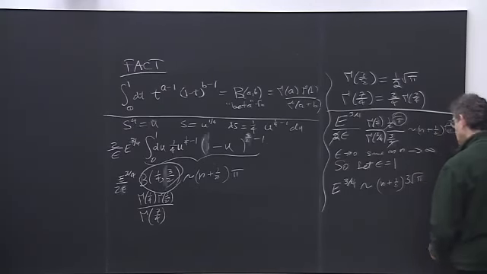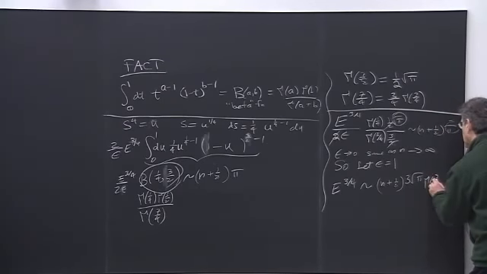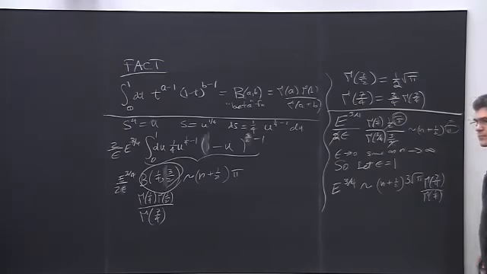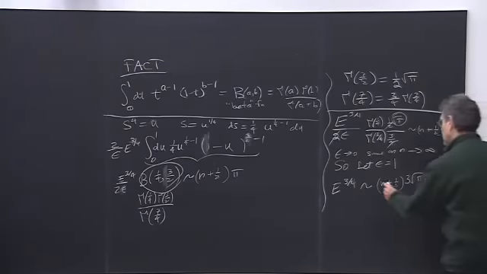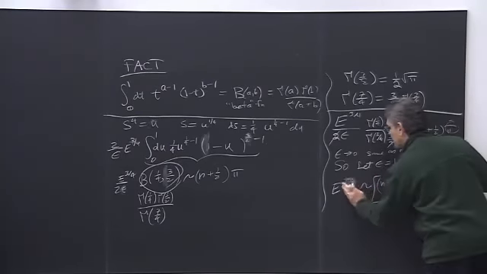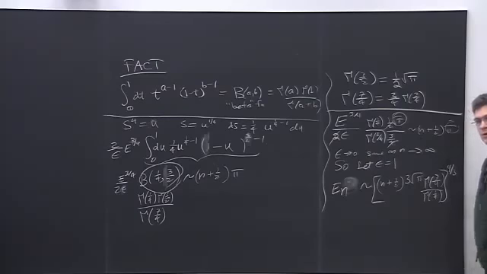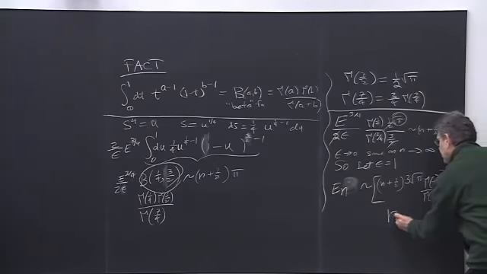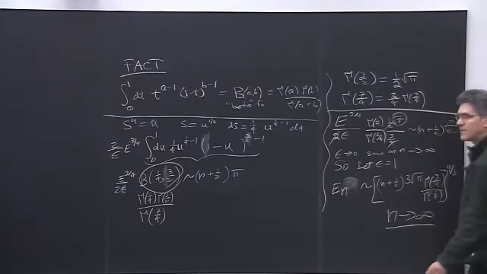It. And then the gammas give you gamma of 3/4 over gamma of 1/4. And if we want to solve for E, we take this to the 4/3 power, and that's the asymptotic formula for E sub n, as n goes off to infinity.